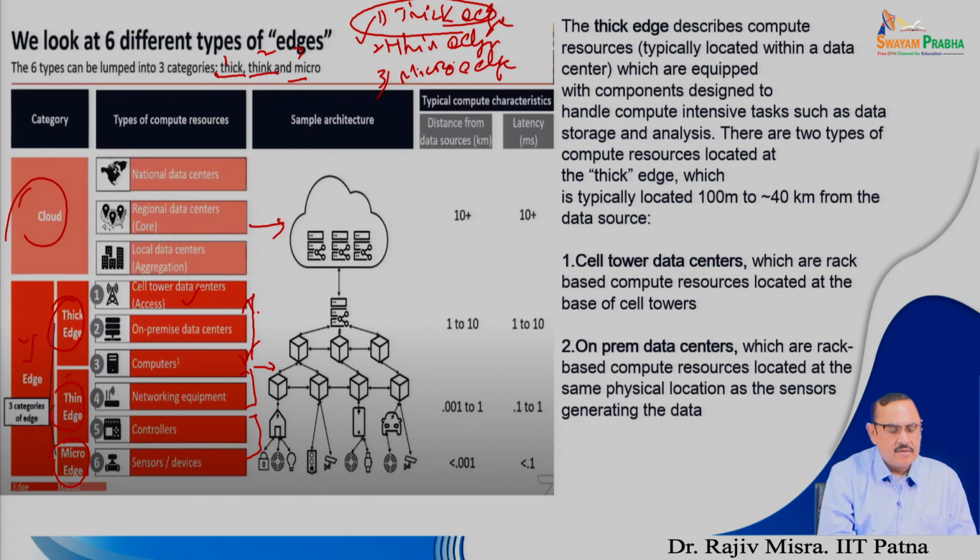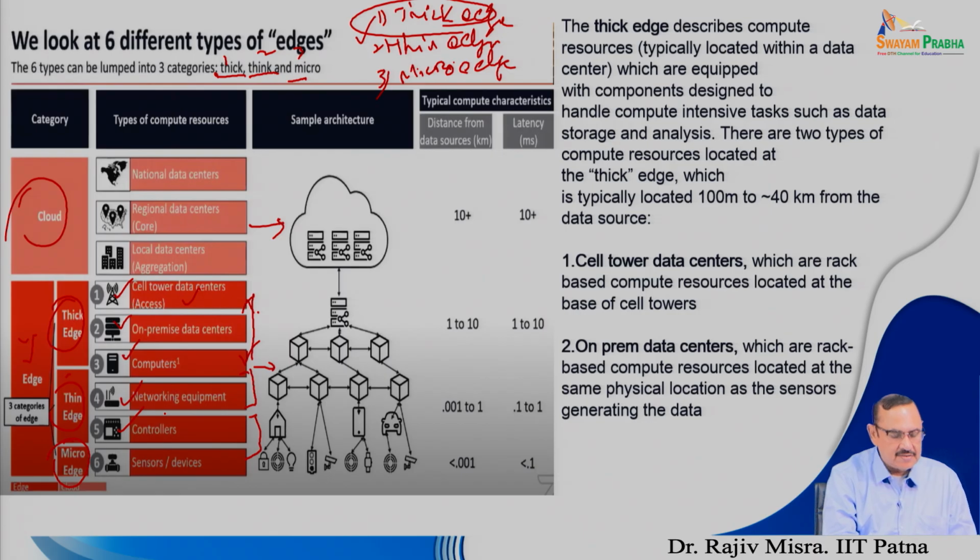That means the edge data centers are called access data centers, or the data centers that are part of the cell tower are called thick edge. On premise data centers, if they are built, are also called thick edge. Thin edge comprises of the network equipments. If it is network equipments or a controller, then it is called thin edge.